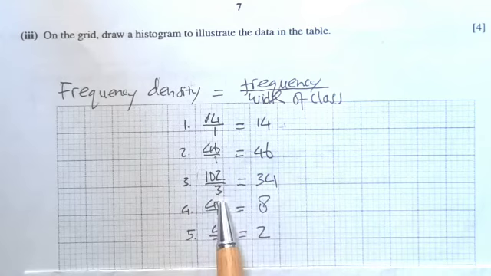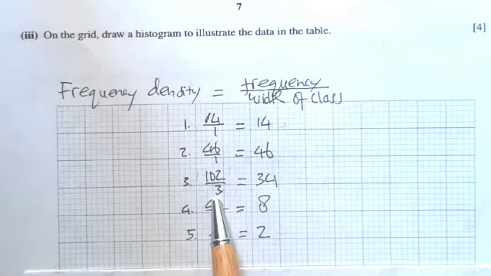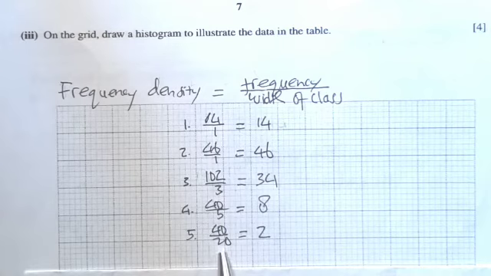The third class, frequency 102, and the width of class is 3, and so on. And the last class, the frequency is 40, and the width of the class is 20, so the frequency density is 2.